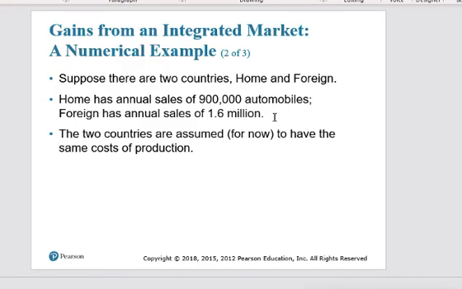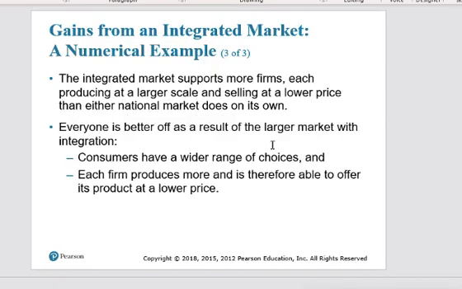So the foreign country has about 700,000 more vehicles in annual sales than the home country. The two countries are assumed to have the same cost of production, the same marginal cost and also the same fixed cost.